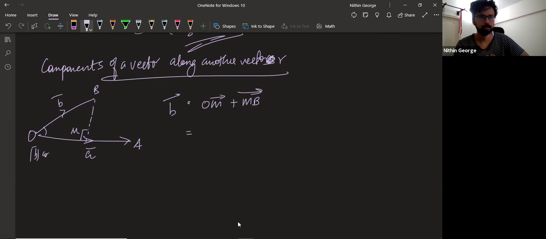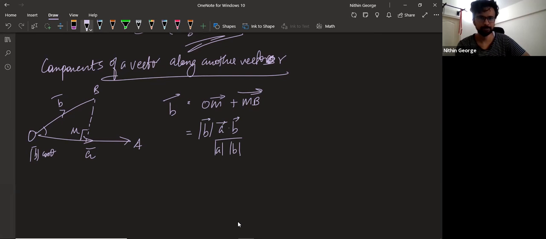B cos theta is OM vector. What is B into cos theta? I'll write B here, and then cos theta I'll write as A dot B by mod A mod B.